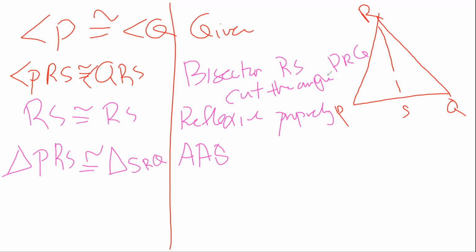the triangle PRS is congruent with the triangle SRQ because of AAS. Now, for two triangles that are congruent, can I say that any pair of elements are congruent too? Yes.